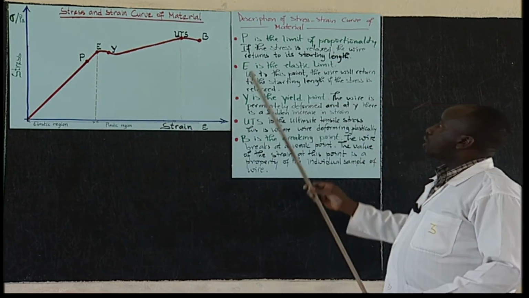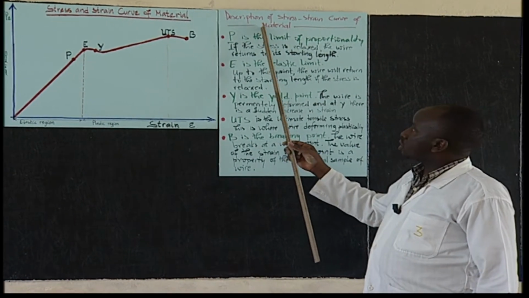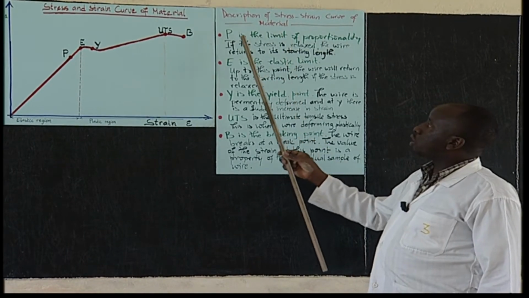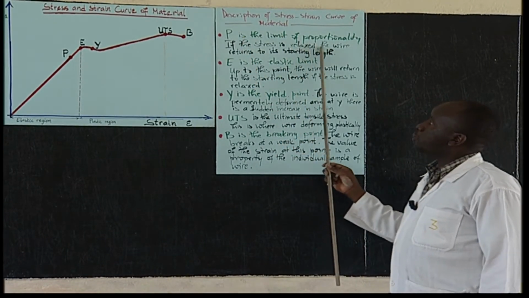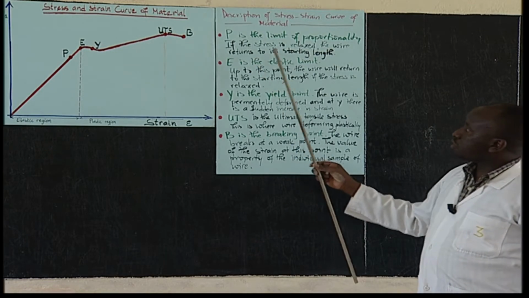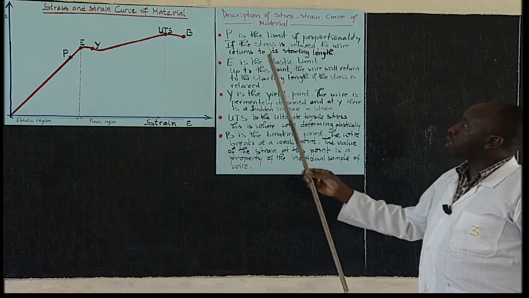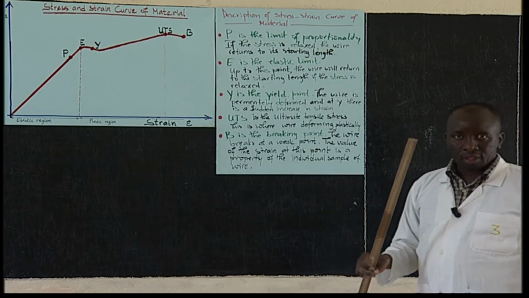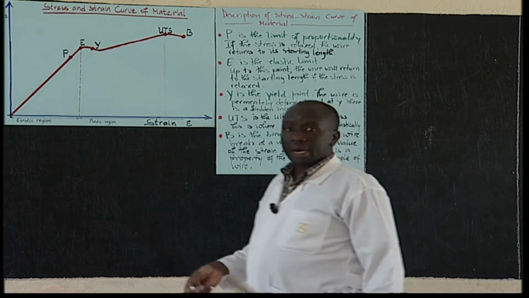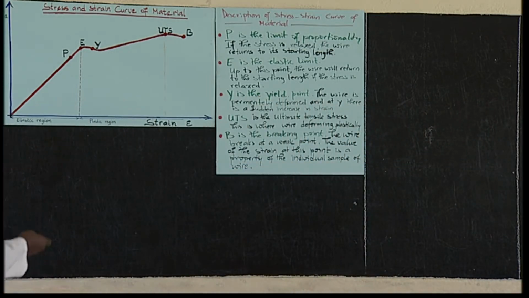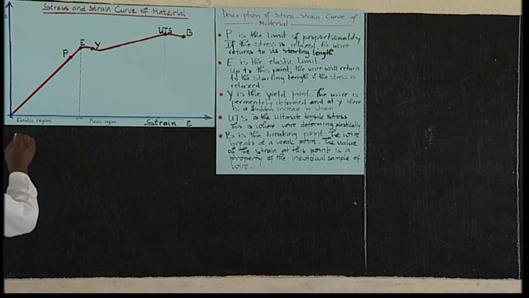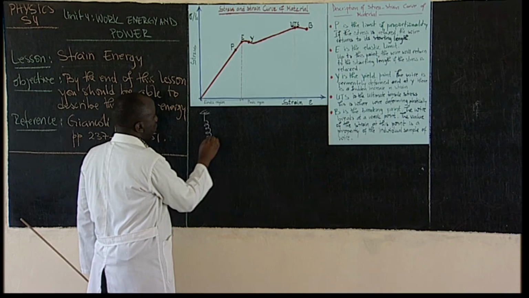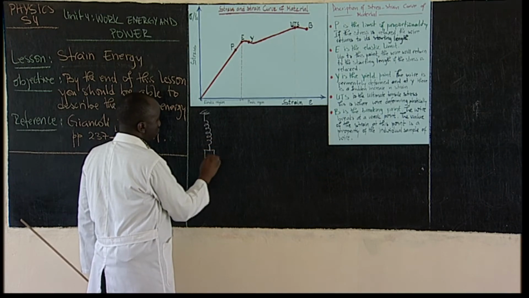So students, as a description of this diagram, P is the limit of proportionality. If the stress is relaxed, the wire returns to its starting length. If you remember, we had a spring by that time. The spring that we considered had a mass on it.